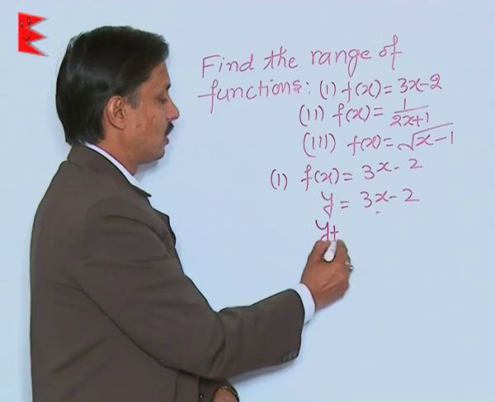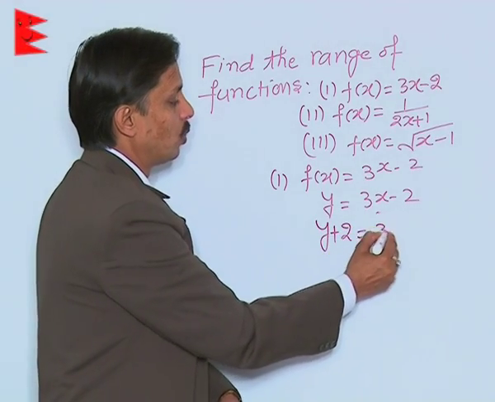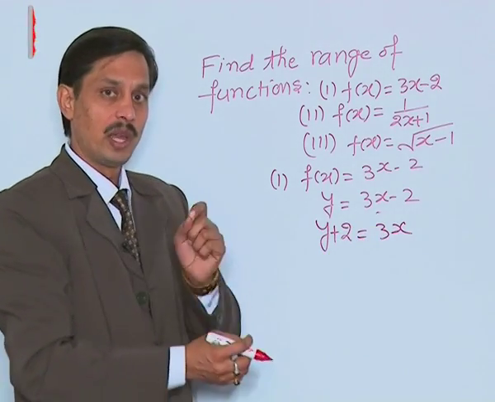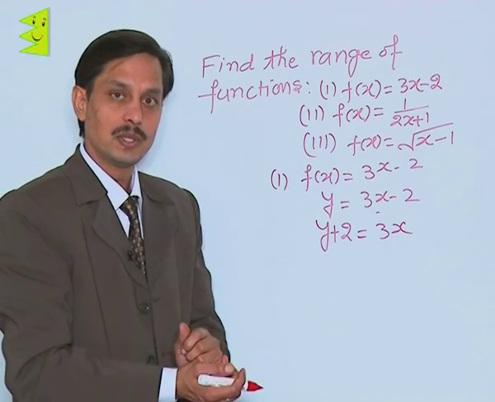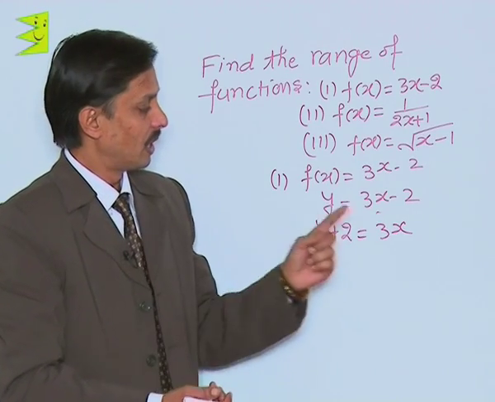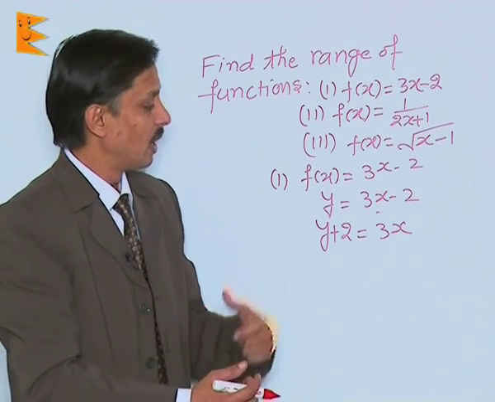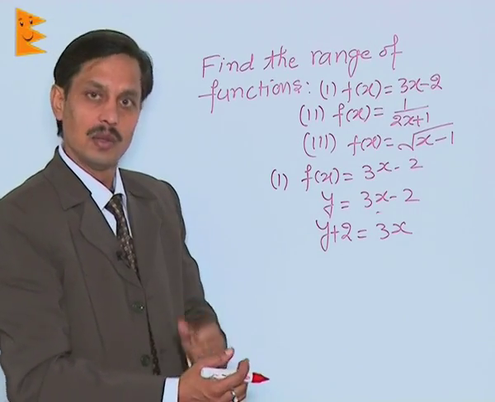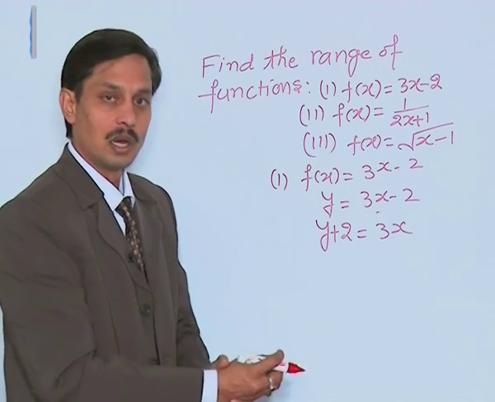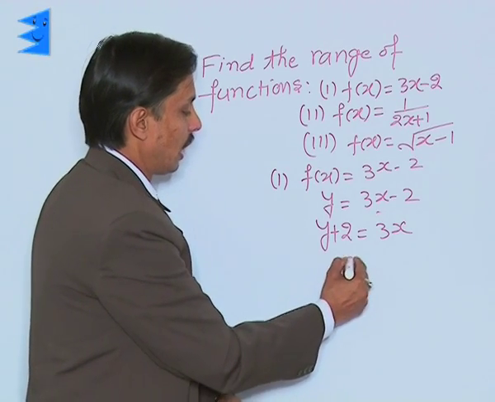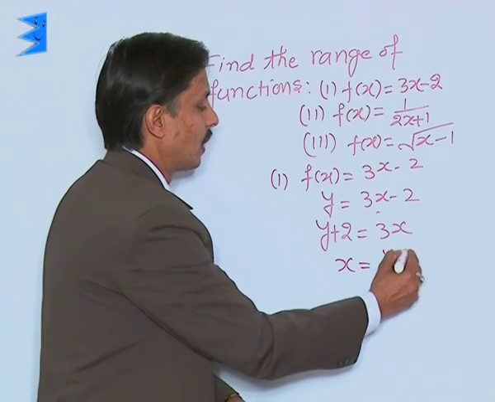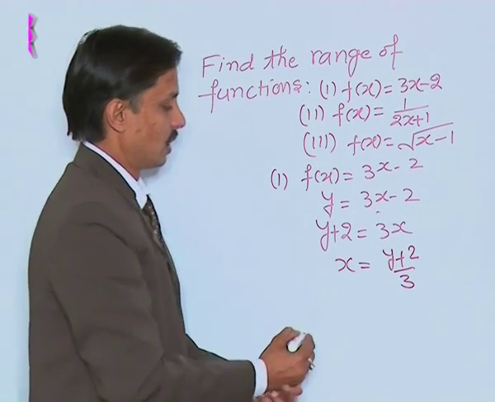So I will say y plus 2 is equal to 3x, because when we try to find the range, the method is that x is on one side, or you can say express the entire function in terms of x. So x is equal to (y plus 2) upon 3.